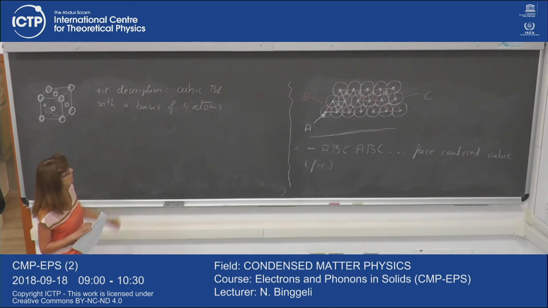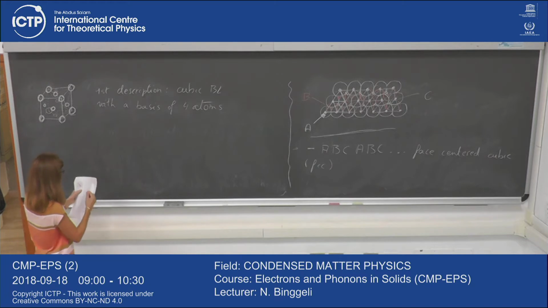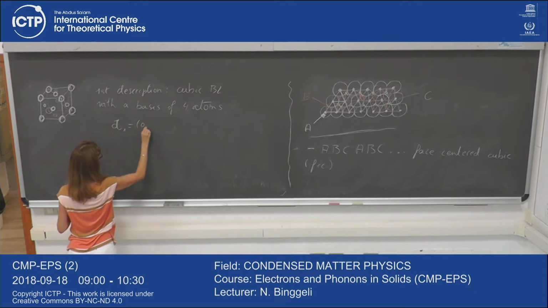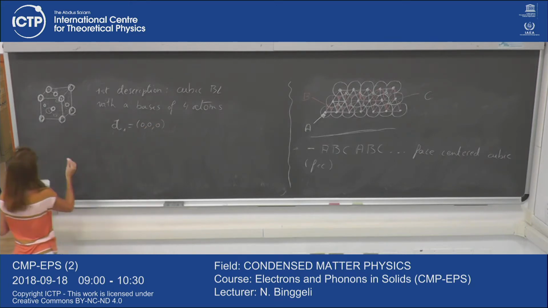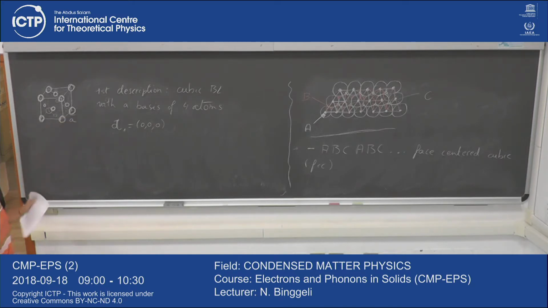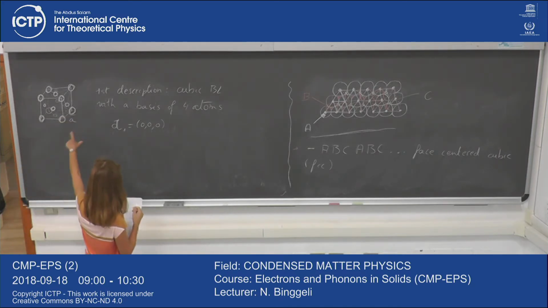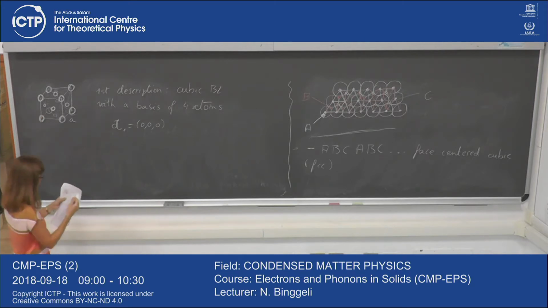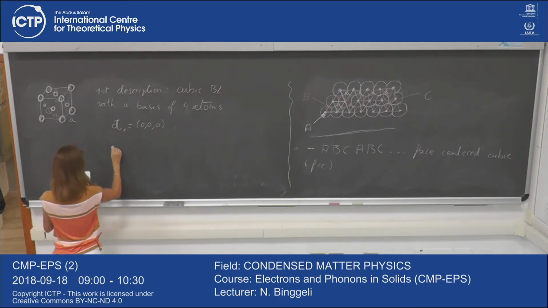And in this description of the face-centered cubic lattice, I have a basis with 4 atoms whose vectors are: d1 is at the origin. So my cube has a lattice parameter a, this length, the edge, the side of the cube. So the first vector gives this atom, d1 equal 0, 0, 0.